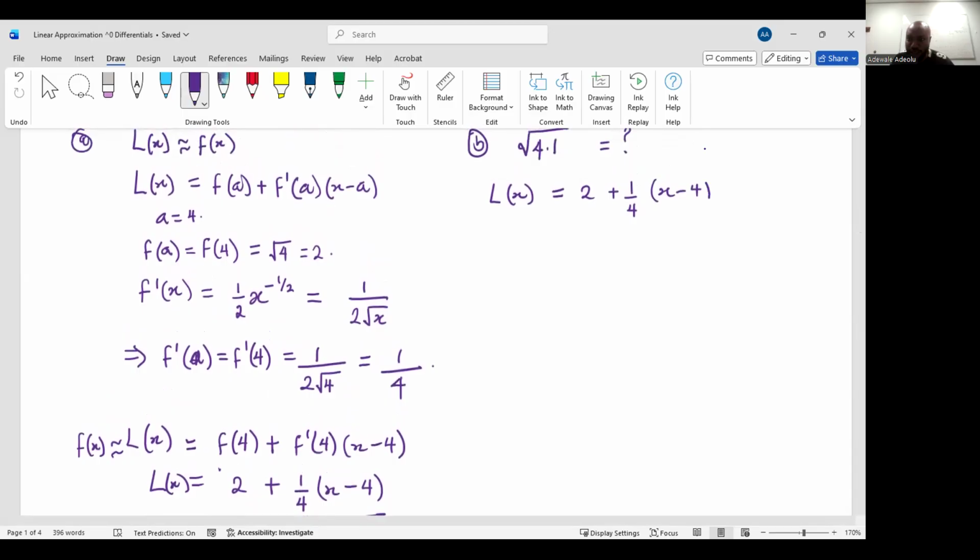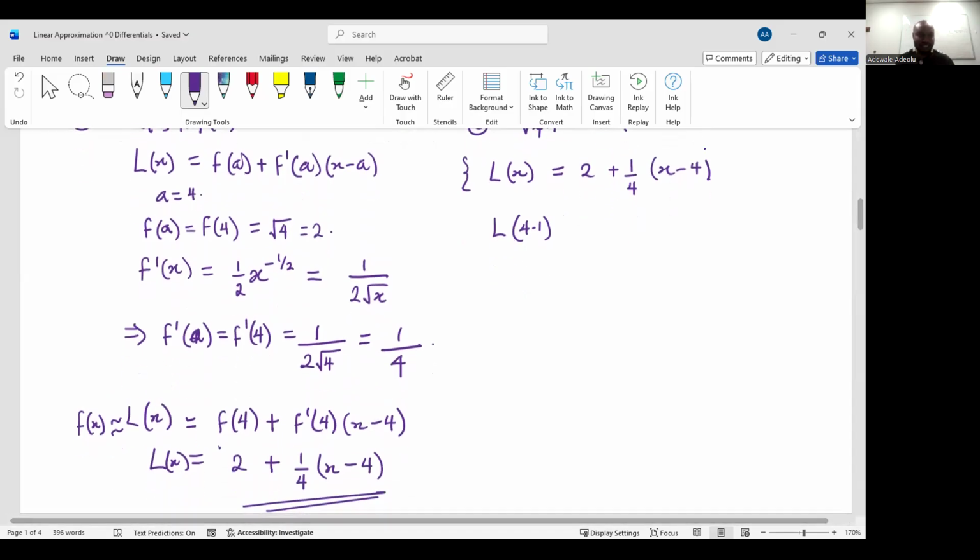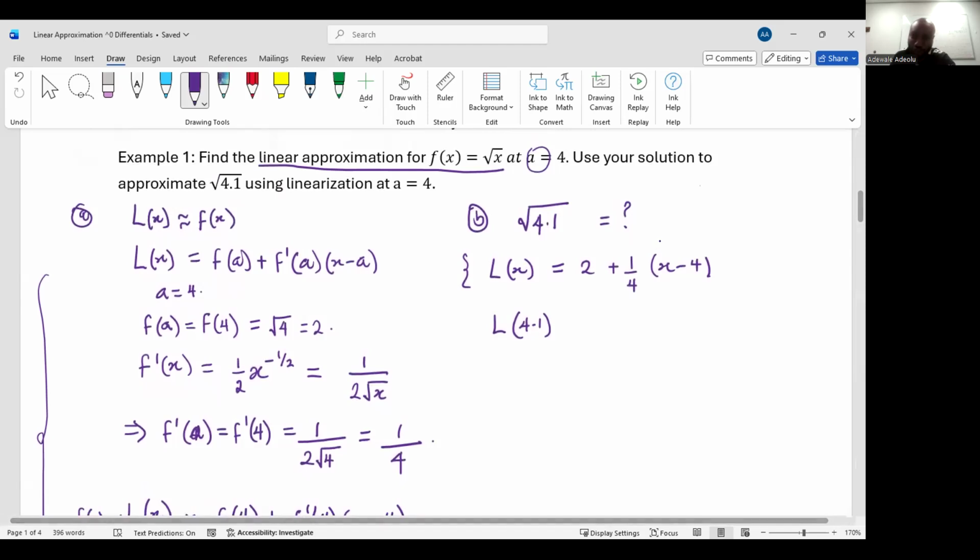Now, in this case, our x is 4.1. So what is L at 4.1? What I'm claiming now is that I have converted my square root function to this linear function. I hope that makes sense. That is what we did in this part. We are saying we have approximated that square root function to this linear function, so we can just use it straight up.